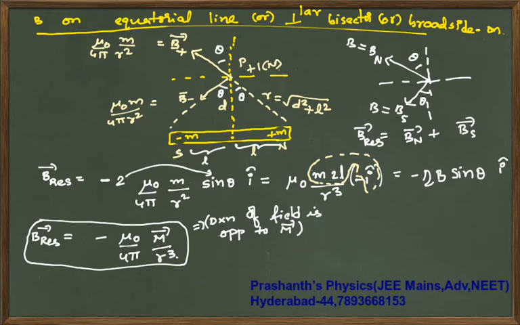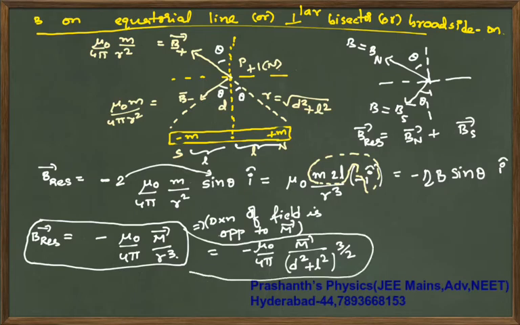Now you can rearrange and write it as minus mu naught by 4 pi into m bar by r cube, where r cube is d square plus l square whole power 1 by 2, so overall this becomes power 3 by 2. For a short dipole, this result you have to remember.